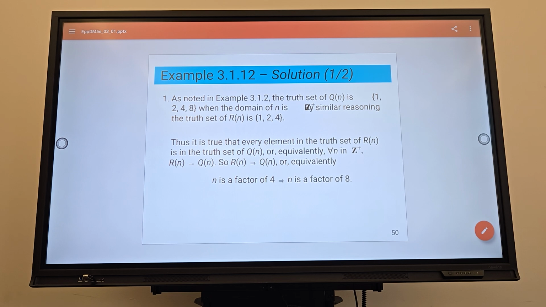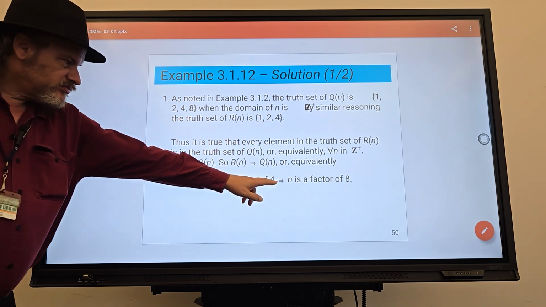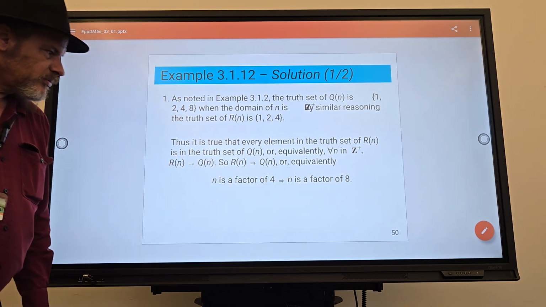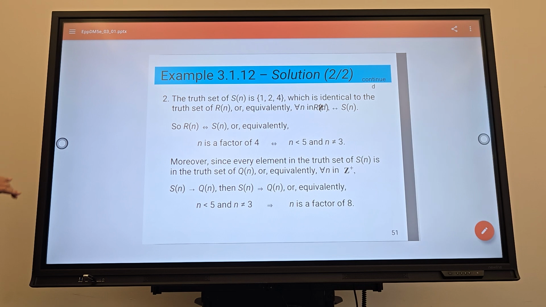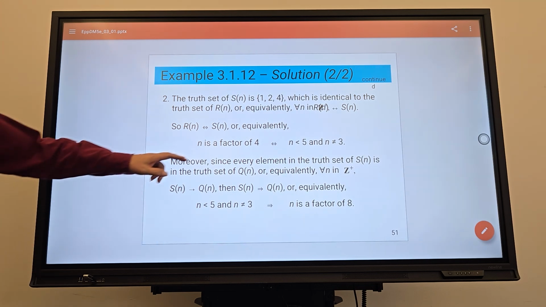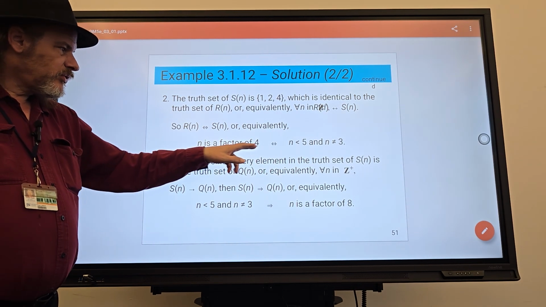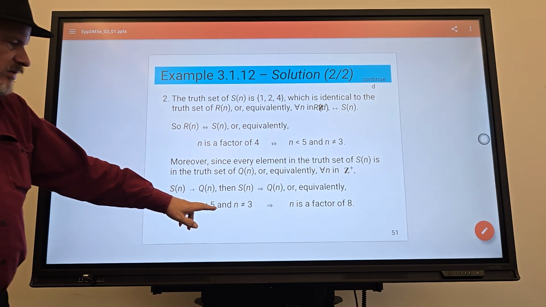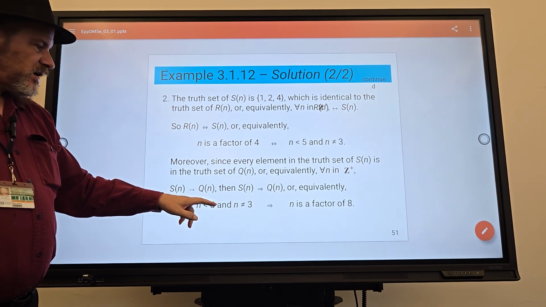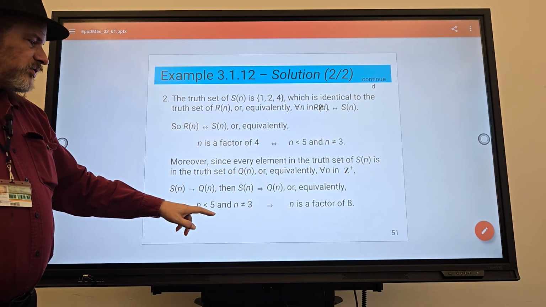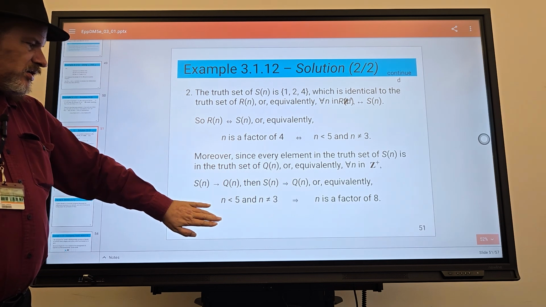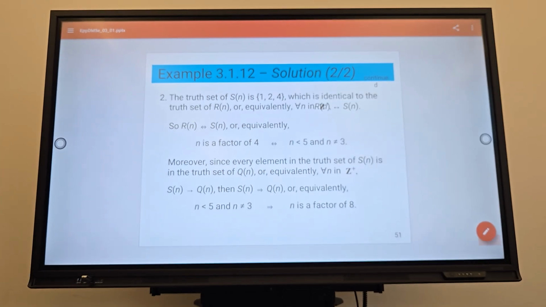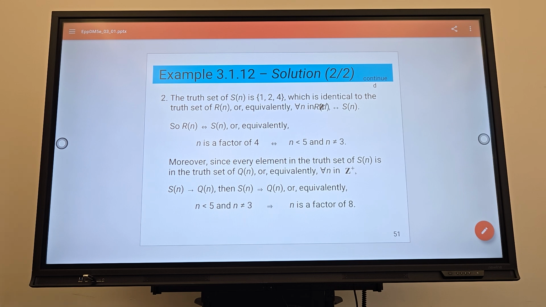Therefore, the single arrow goes from the factor of 4 to the factor of 8, and the double arrow goes from the factor of 4 to this quantity. Because this is the same as this, you can substitute: n is less than 5 and n is not equal to 3 implies n is a factor of 8.